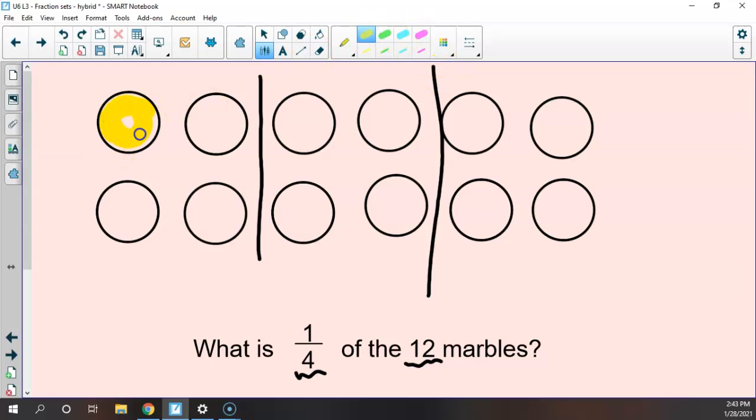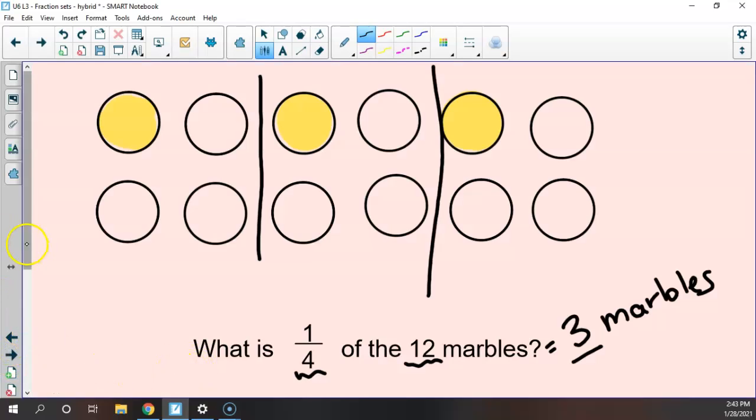So there's 1. There's 1 in this group of 4 and 1 in this group of 4. So I shaded 1/4, 1/4, 1/4, and that equals 3 marbles. 3 marbles were shaded. So 1/4 of 12 would be 3 marbles.